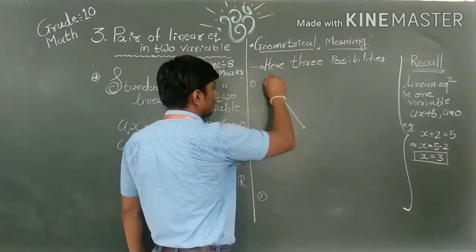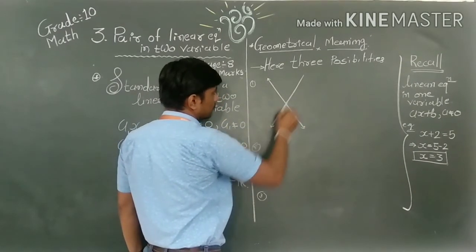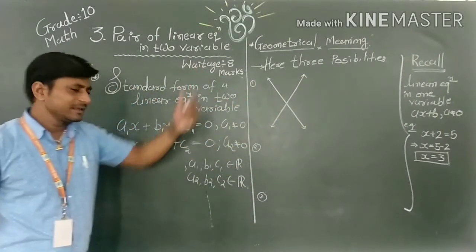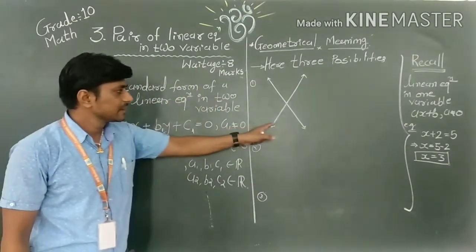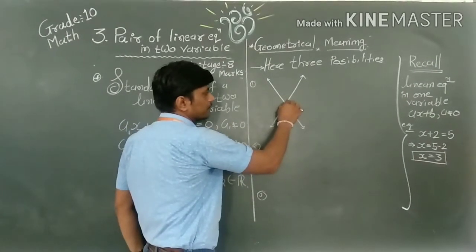If we draw the two equations on graph paper, this is the graph of the first equation and this is the graph line of the second equation. Then what is the solution? The intersection gives a unique solution.